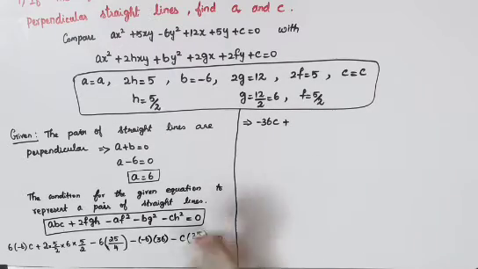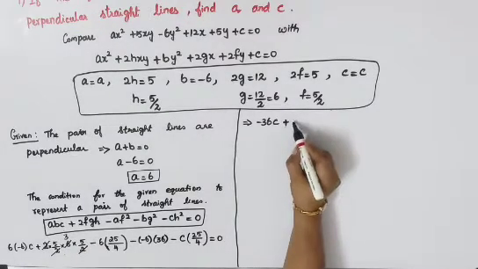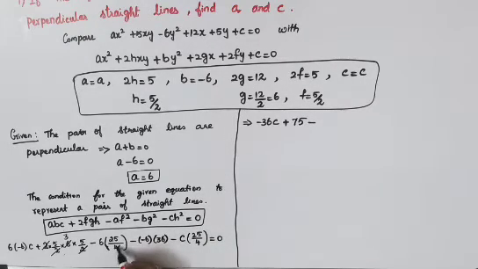Then plus, you can cancel this 2 and this 2. 6 and 2 you can cancel, you will get 3. So the left out will be 5 into 3 into 5. 5 5s are 25, 25 3s are 75. Then minus, 2 and 6 you can cancel, it will go 3 times and here twice.